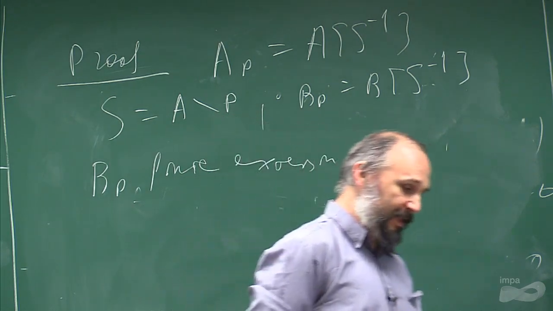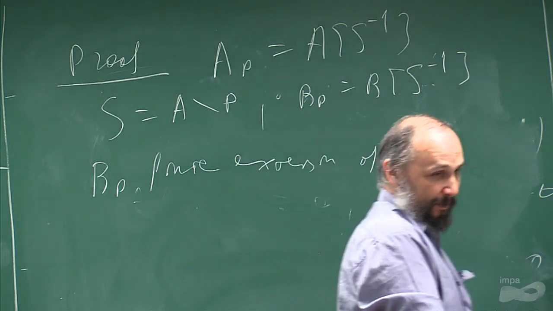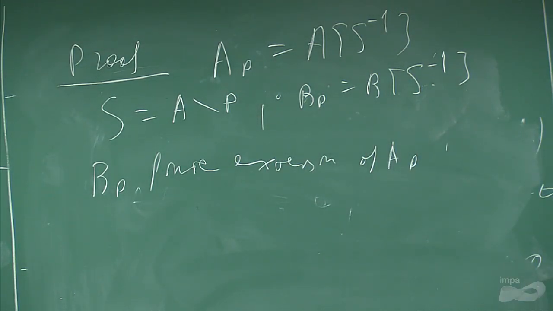This is easy because the generators for B give you generators for B_P. You just added some more scalars, like denominators. They remain generators.